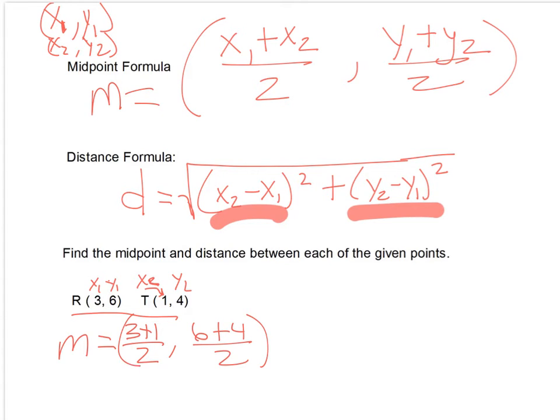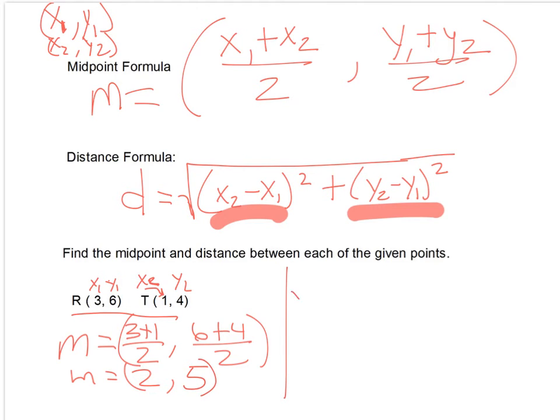Well, what's 3 plus 1 right here? 3 plus 1 is 4. Divide by 2, that's 2. So my midpoint is 2, comma, and well, that's 4 plus 6, divided by 2. That's 10 divided by 2, that's 5. The midpoint is 2, comma 5. And it's a little bit quicker for me anyway than graphing it.